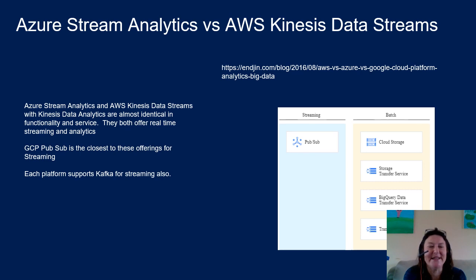The idea is to get data in as fast as possible, as real time as possible. So Azure does that via Stream Analytics. AWS does that via Kinesis Data Streams. And data analytics can sit behind Kinesis Data Streams to do some analytics based on the data streams.